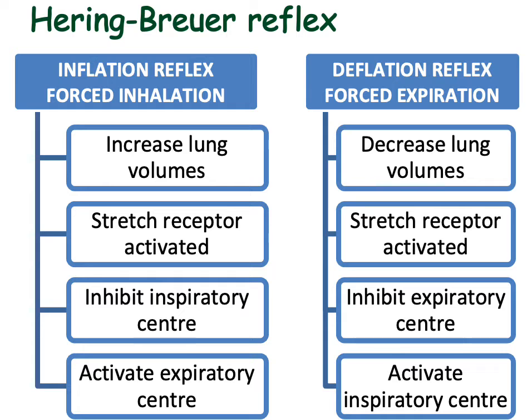The activation of the stretch receptor will inhibit the inspiratory center, which is the dorsal respiratory group, or the DRG. The expiratory center is activated by the signal from the stretch receptor.